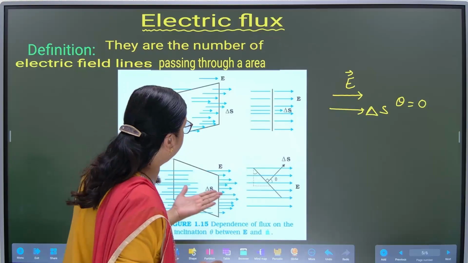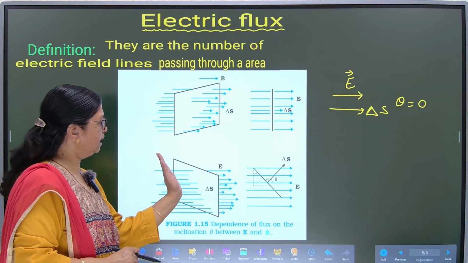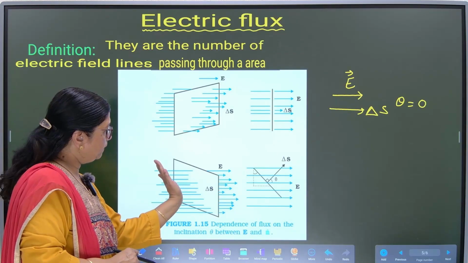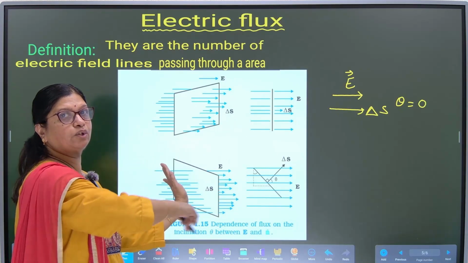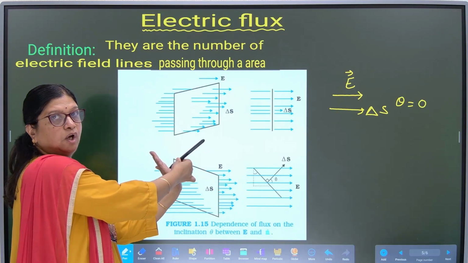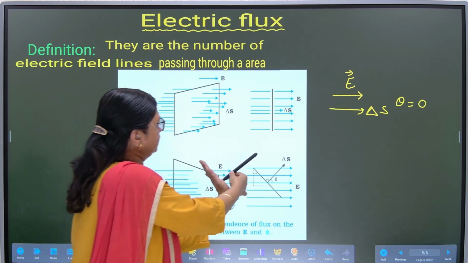Okay, now let us go to this case. In this, the area element is kept a little bit slant compared to the direction of the electric field. So what should be the direction of the area element? Perpendicular to the surface in this way. So I just place it here.